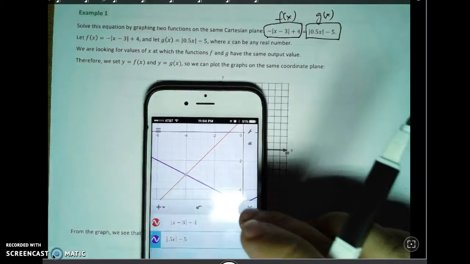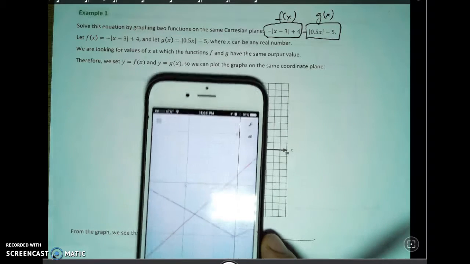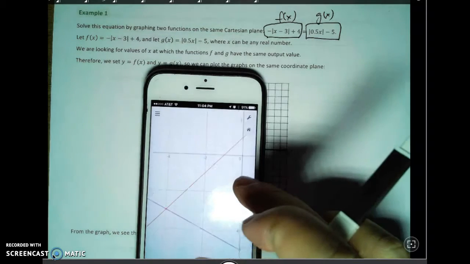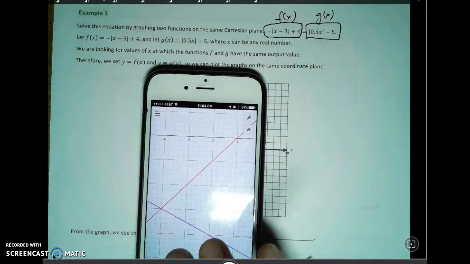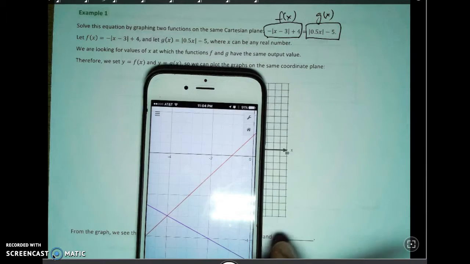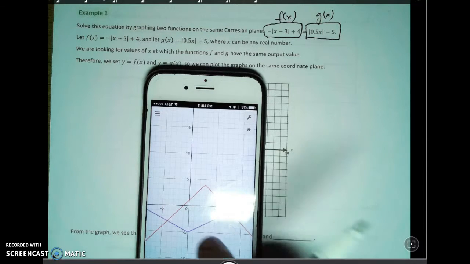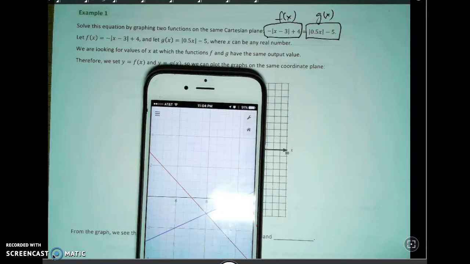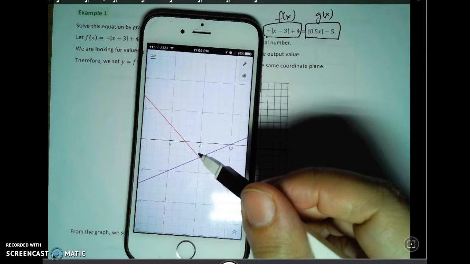You can make it bigger so you can see the whole thing. So it's at negative 4 and negative 3. And the second point where they intersect, if you scroll to the other side, is when x is 8 and y is negative 1.